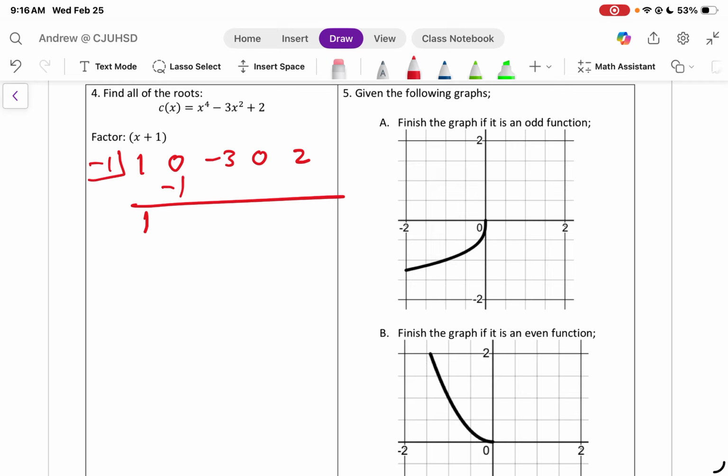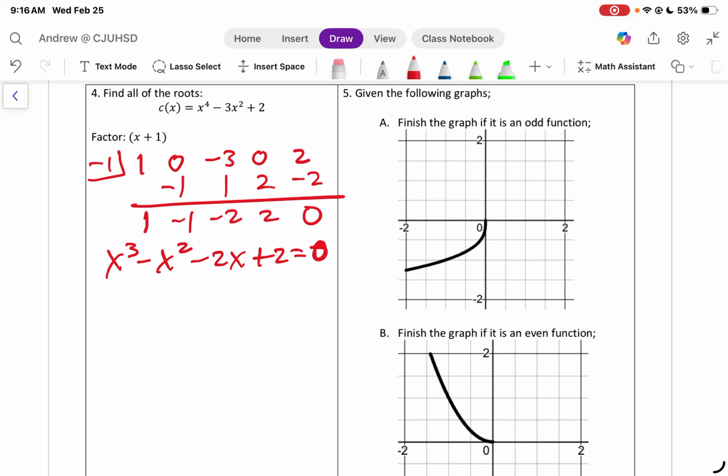Multiply, add, multiply, add, multiply, add, multiply, add. So what I've got left is x to the third minus x squared minus 2x plus 2 equaling 0.